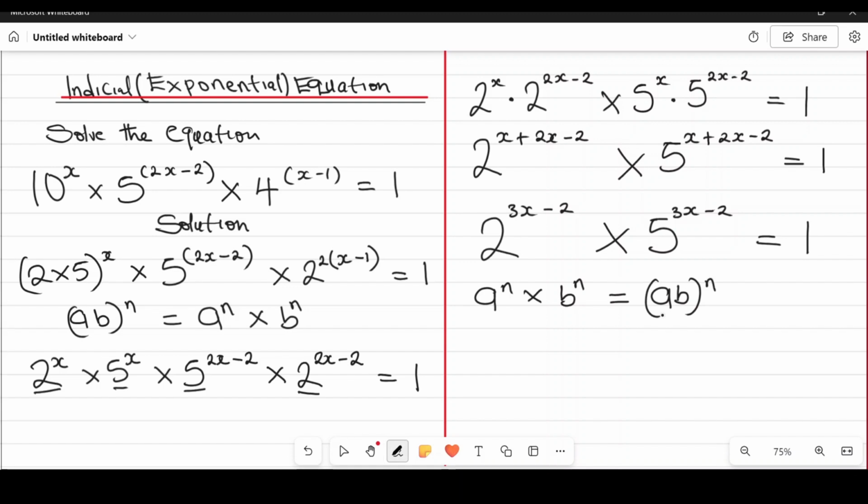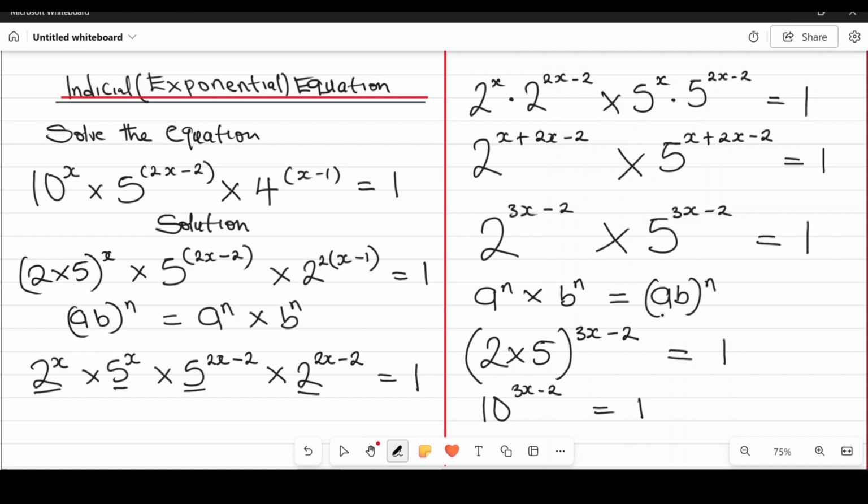So if we apply that on our left hand side, we have (2 times 5) all to the power of 3x minus 2 equal to 1. So our equation becomes 10 to the power of 3x minus 2 equal to 1.